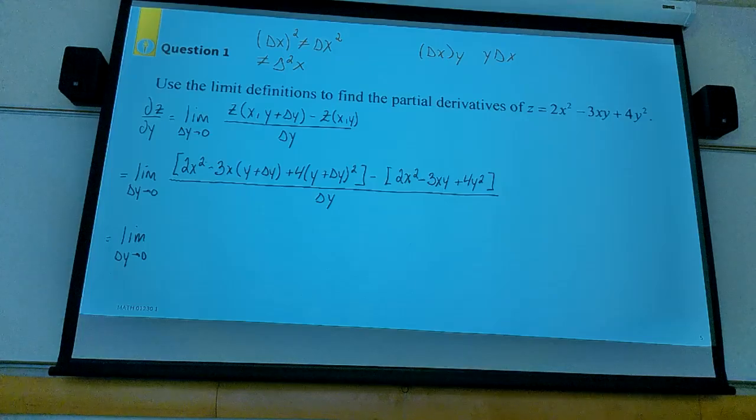Expand everything out. 2x squared minus 3xy minus 3x delta y plus 4y squared plus 8y delta y plus 4 times quantity delta y squared. Distribute the negative through.